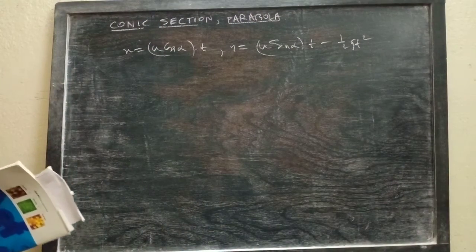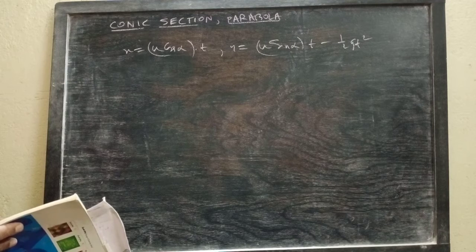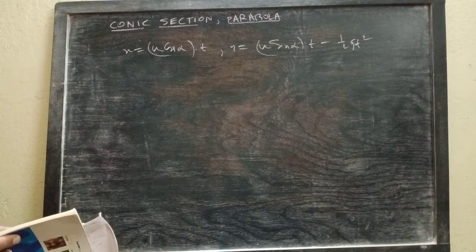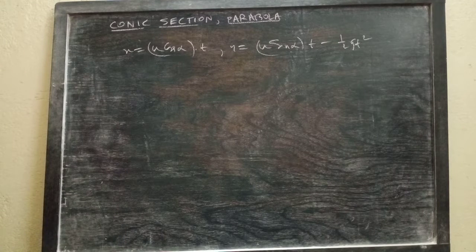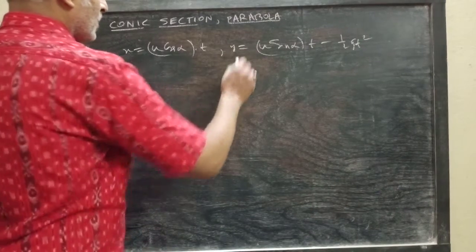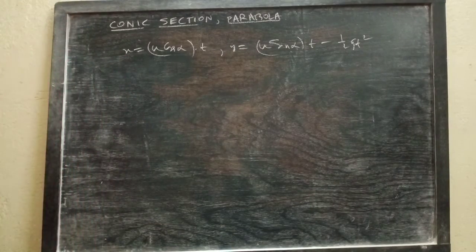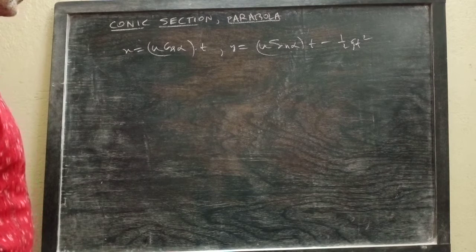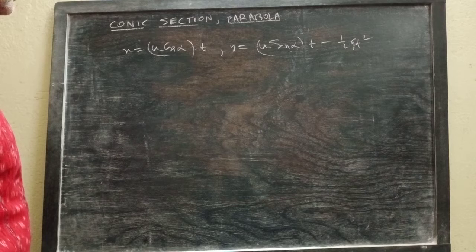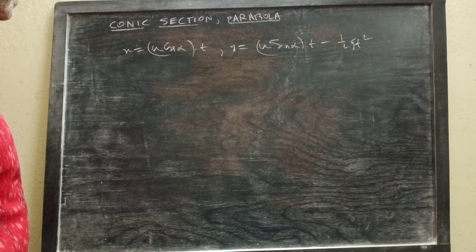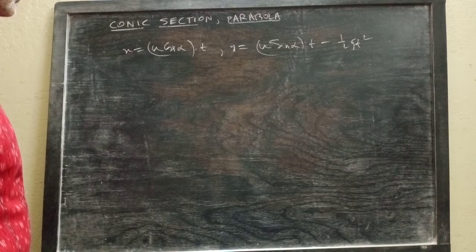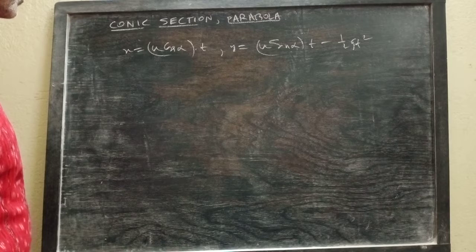Now suppose you are asked to find the vertex, focus, axis, length of latus rectum, directrix of the parabola of the projectile. Then how do you proceed? First, you have to find the equation of the parabola.